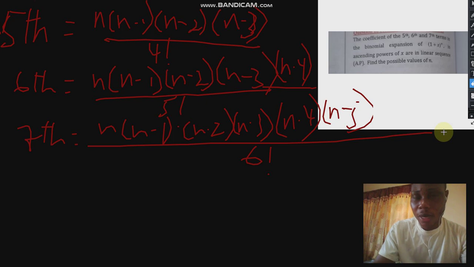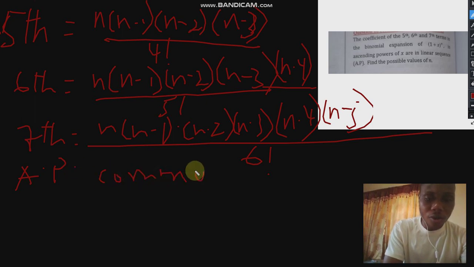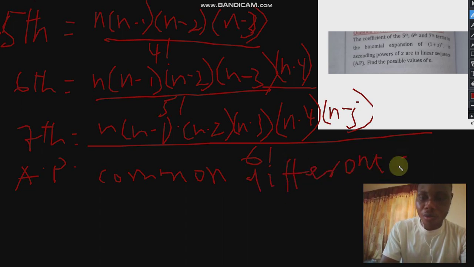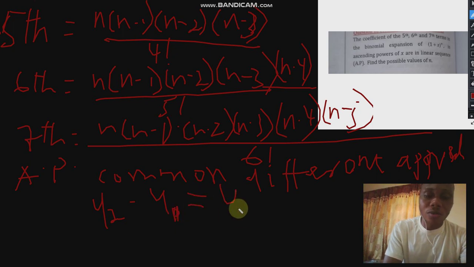Alright, so that's it. Because the question is in AP, arithmetic progression, we have to use the common difference approach, which is that u2 minus u1, the second term minus the first term, is also equal to the third term minus the second term, which we are going to apply here.